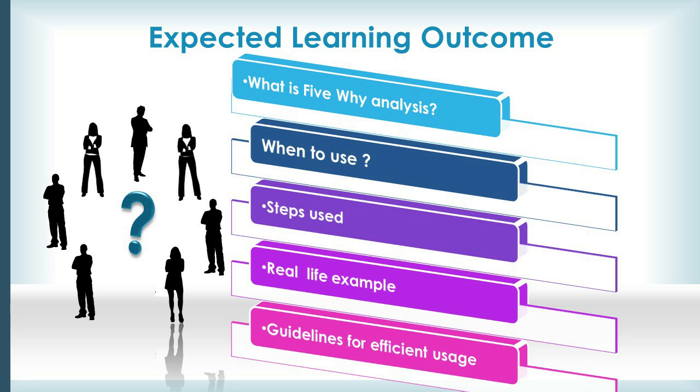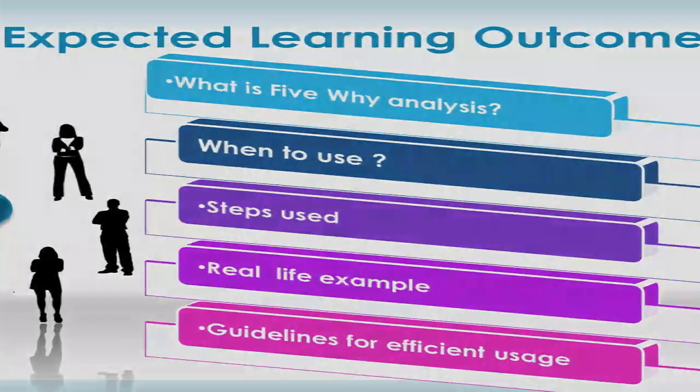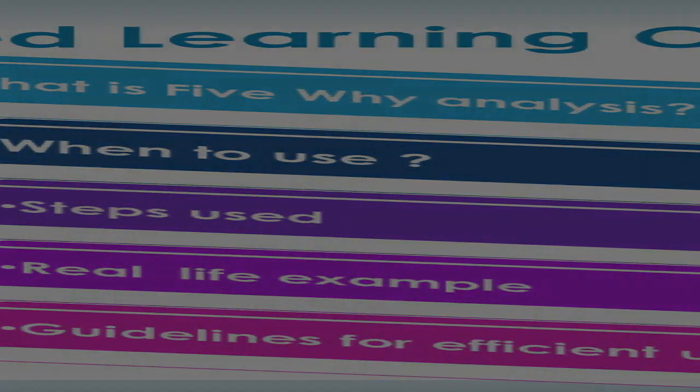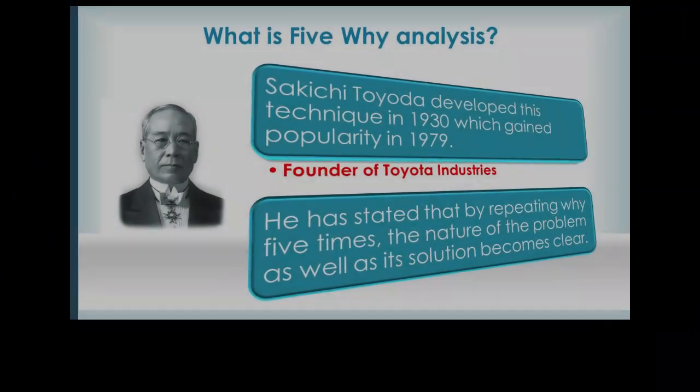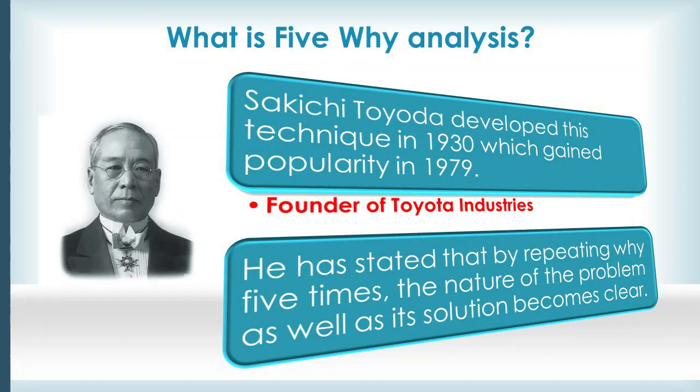So let us see how to use this 5Y analysis tool and what the history behind it is. All of us know Toyota Industries, the Toyota automobile manufacturing company. The 5Y analysis was used by Sakichi Toyoda, actually the father of Toyota, in the 1930s, but it gained momentum and popularity in 1979, when it was used in the Toyota industries, and it was very successful in identifying the root causes easily.